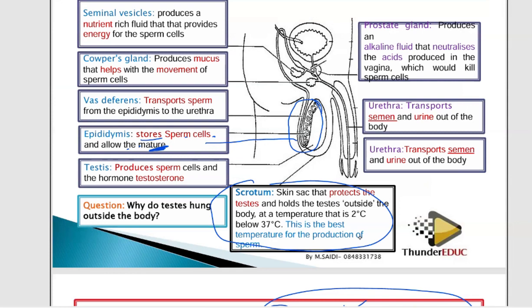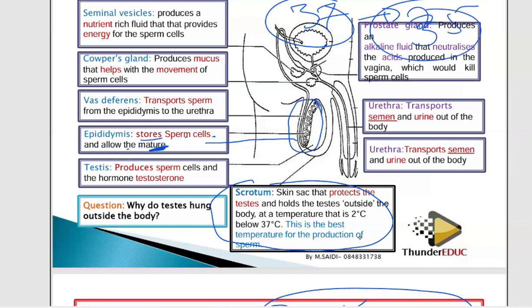So here, these testes hang outside so that they provide a temperature range, or optimum temperature, for these sperms to be produced. Sperms are produced 2 degrees less than the body temperature. If the body temperature is 37, it means that sperms are going to be produced at 35.